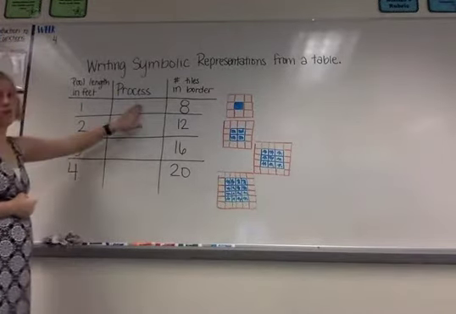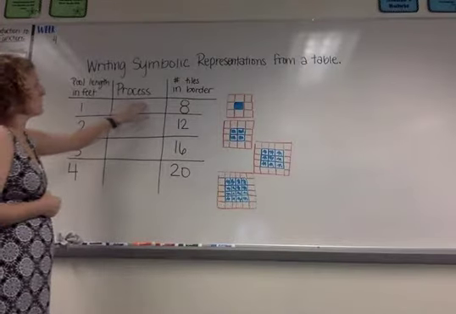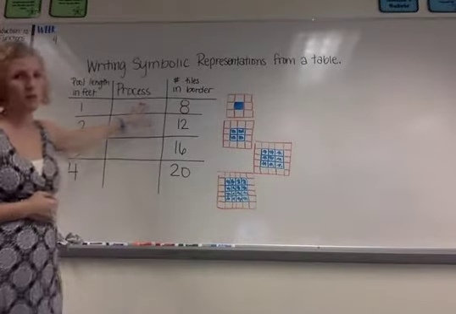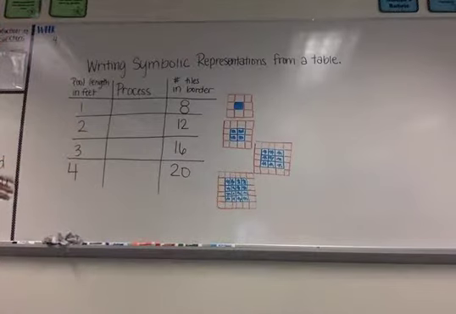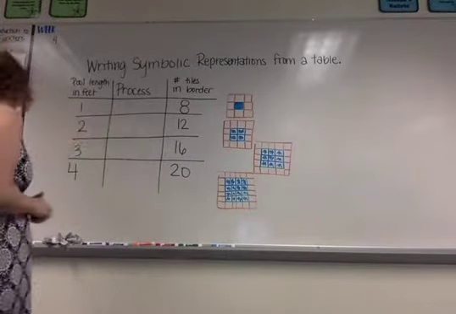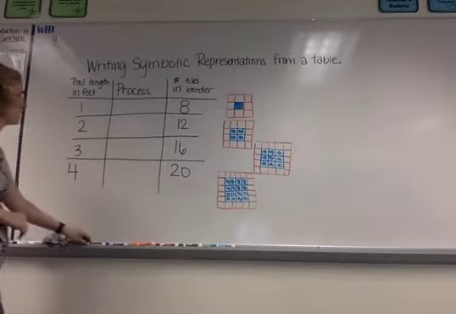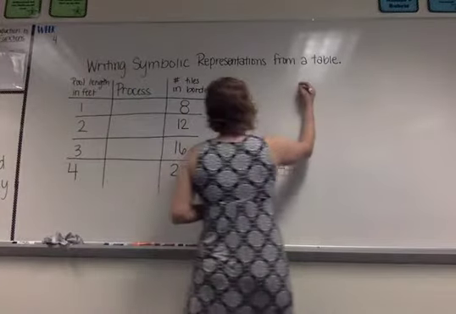Now if you notice on my table, I have an extra column called the process column. The process column is what helps you write your equation. That's why you will see me write the process column. Let's go ahead and write out the definition for process.